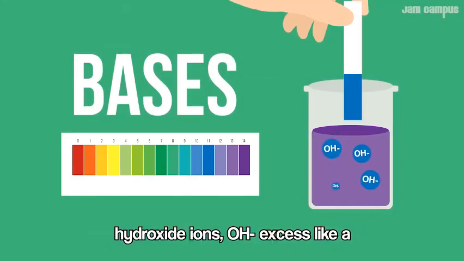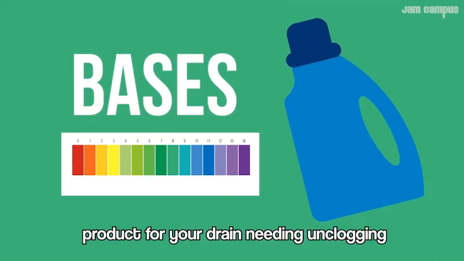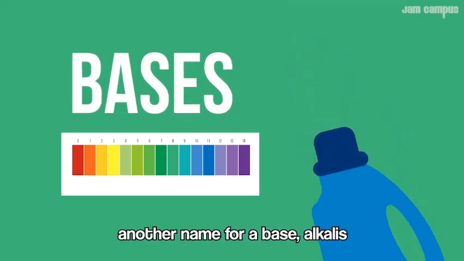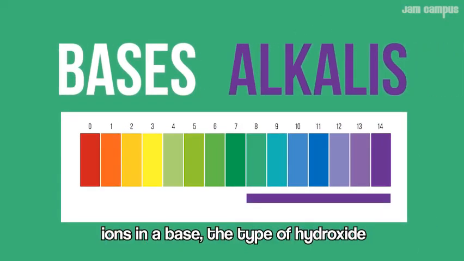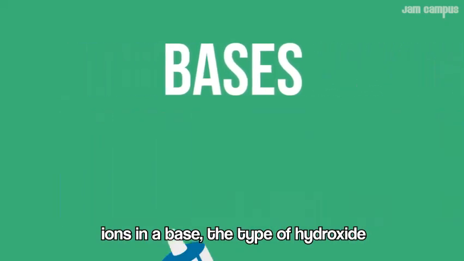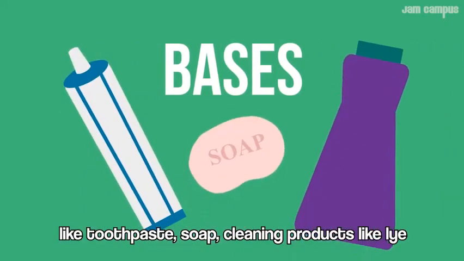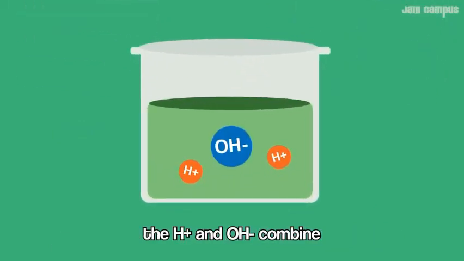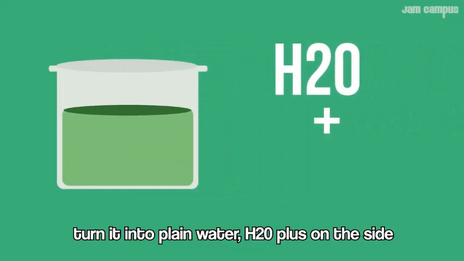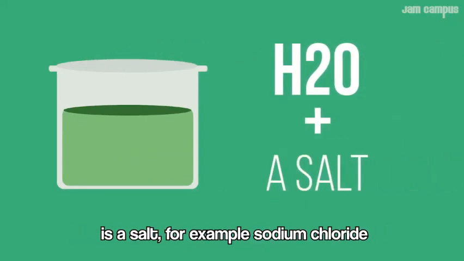Hydroxide ions, OH minus, like a product for your drain. Another name for a base, pH range from 8 to 14. Like toothpaste, soap, cleaning products like that. And when a base and acid mix and neutralize, H plus and OH minus combine, turn it into plain water, H2O, plus on the side is a salt, for example sodium chloride.